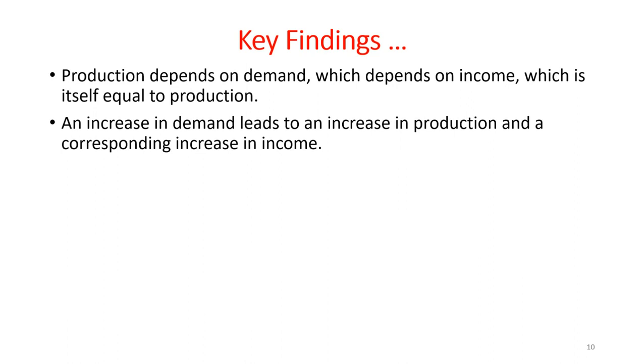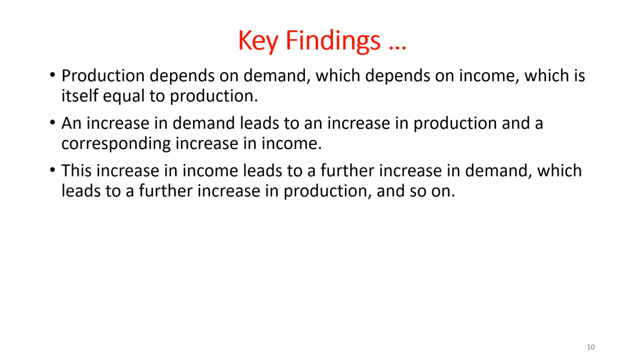Keynes advocated that in recession, government should increase its expenditures, which will result in increasing the demand, leading to an increase in production and national income. This increase in income leads to further increase in demand, which leads to further increase in production, and so on.